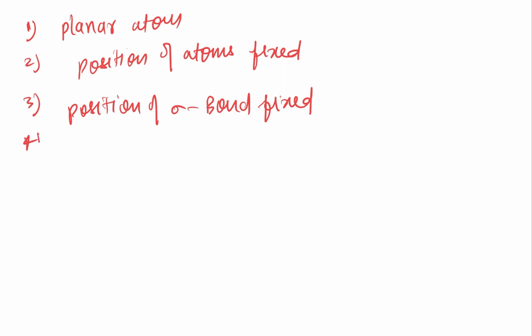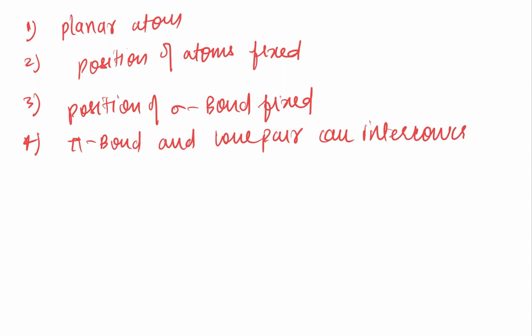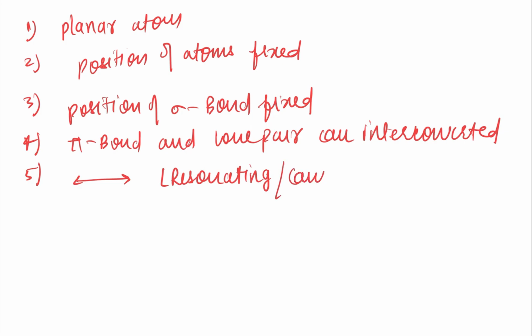Fourth, pi bonds and lone pairs can be interconverted. A pi bond can be converted into a lone pair, and a lone pair can be converted into a pi bond. So this represents the resonating, or we can say canonical, structure. Resonating structure or canonical structure, it is also called canonical structure, and they are resonating structure 1, resonating structure 2. This is the arrow sign we use. It can move in both directions.